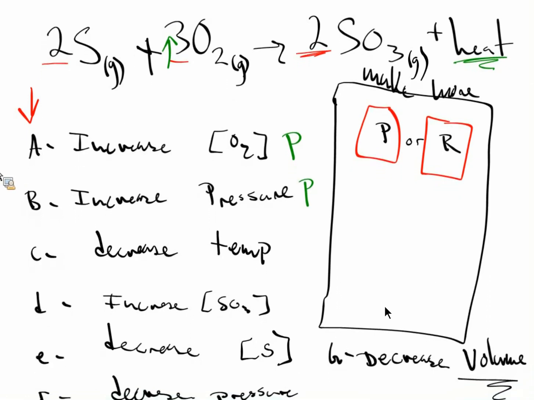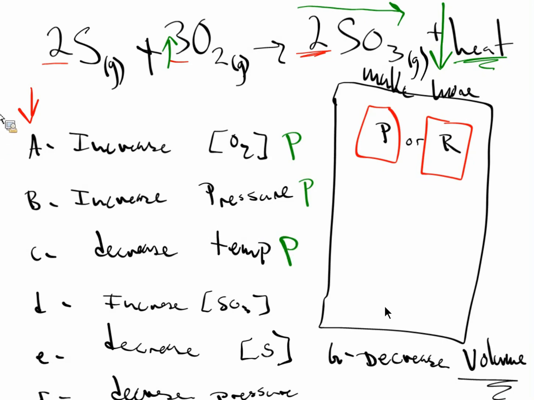I'm 2 for 2, by the way, of ending my P line right here on the actual line itself. So, like, I'm on fire right now. Decreasing the temperature, so I'm removing heat. So I stay to that same side, so I would produce products.